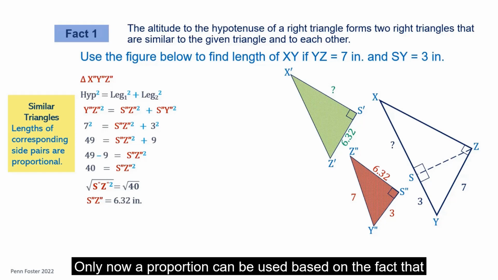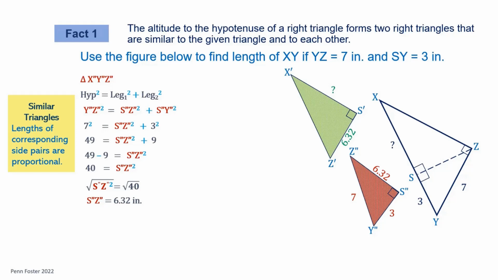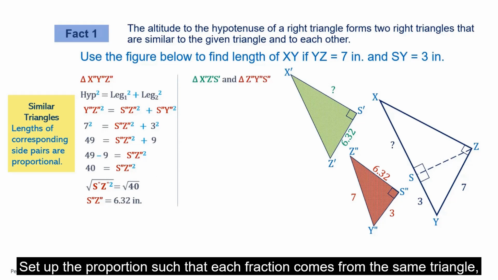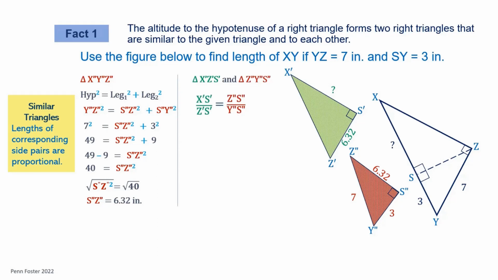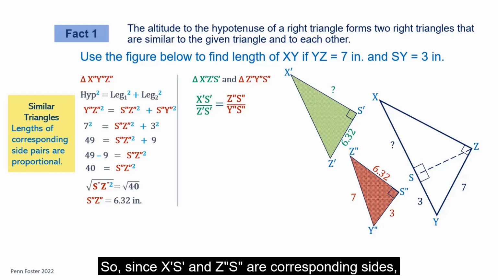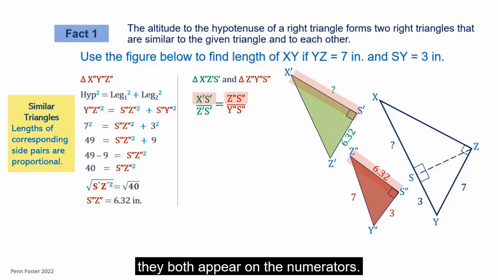Only now can a proportion be used, based on the fact that the two smaller triangles are similar. Set up the proportion such that each fraction comes from the same triangle and corresponding pairs appear at the same position in each fraction. So, since X'S' and Z''S'' are corresponding sides, they both appear in the numerators.